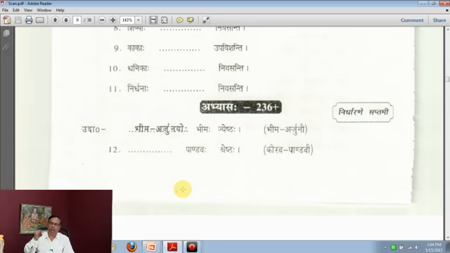Shashti Dvivachana, Saptami Dvivachana. But here it is to be taken as only Saptami Dvivachana. Bhima Arjuna Yoho Bhimaha Jeshtaha. Between Bhima and Arjuna, Bhima is the elder one, comparatively.